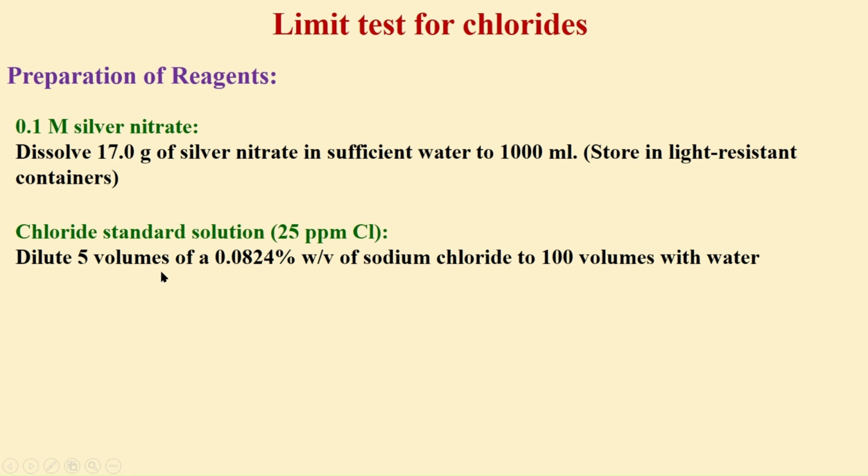I take one fifth of the 0.1 molar solution, or I dilute the 0.1 molar solution by 5 times, and I get 0.0824%. I take this 0.0824%, 5 volumes, and make up to 100 volumes with water. I'll get the standard chloride solution, which contains 25 parts per million.